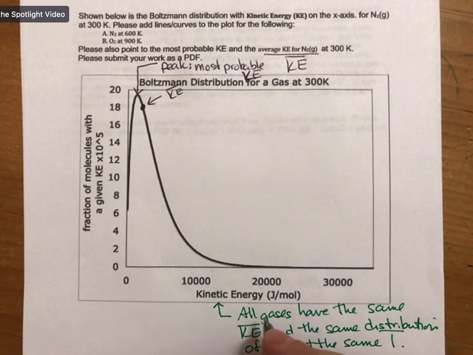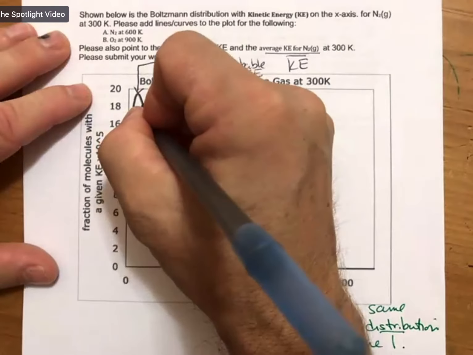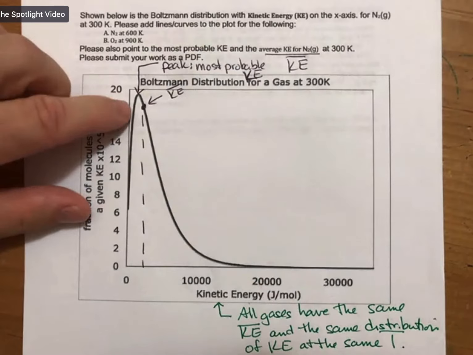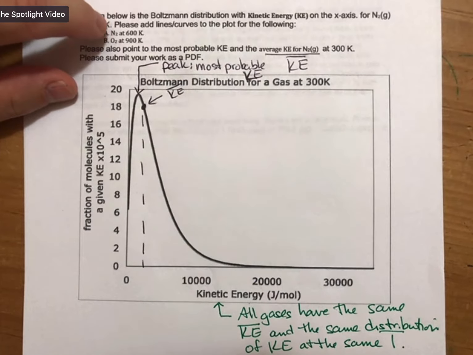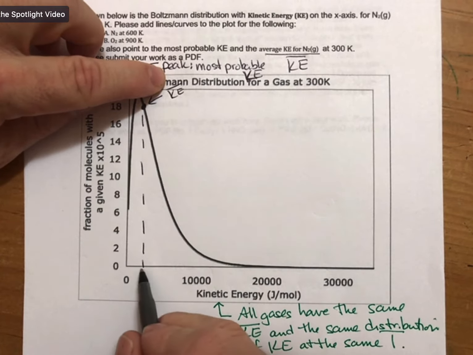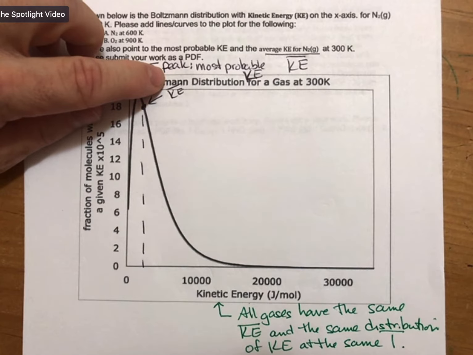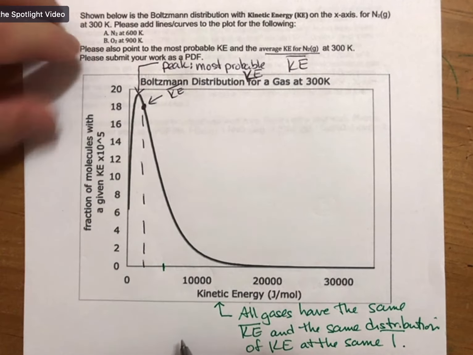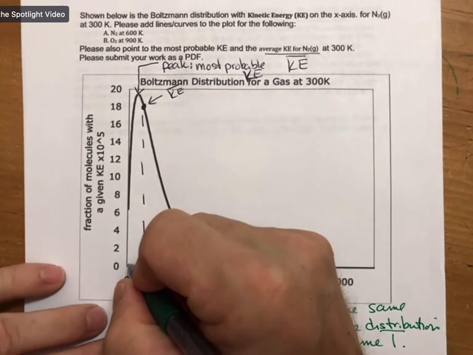And what we should try and do, although I'm not too worried about it, I do note that we do have numbers here. And I'll do my best. I do know that as temperature doubles from 300 to 600 Kelvin, my average kinetic energy should double. So I don't exactly know what the number is, but at 300 it's there, at 600 it should be about there. Let's see if I can draw this.